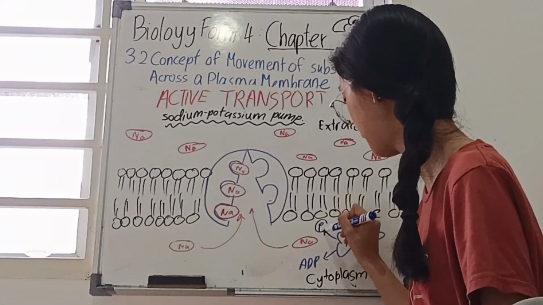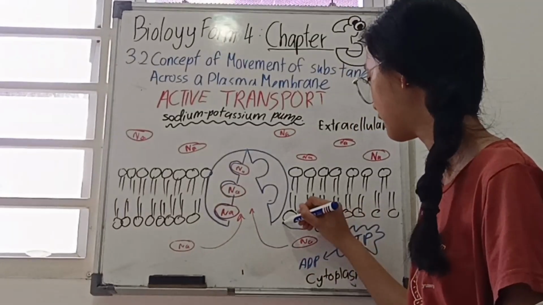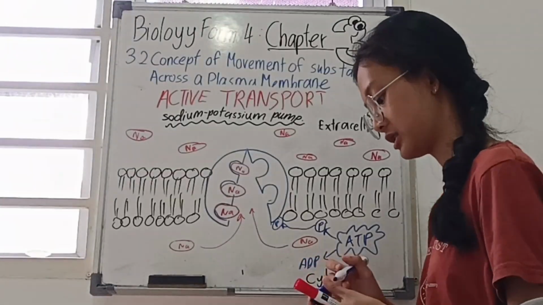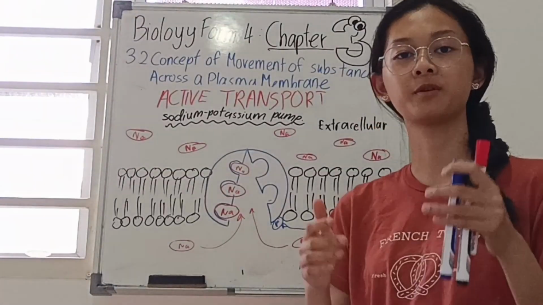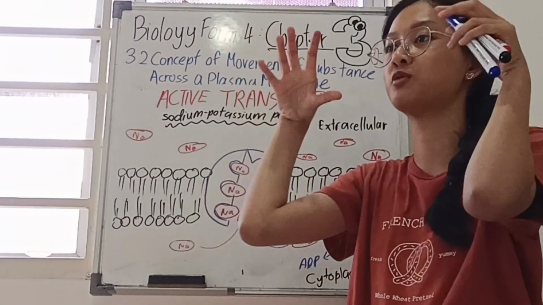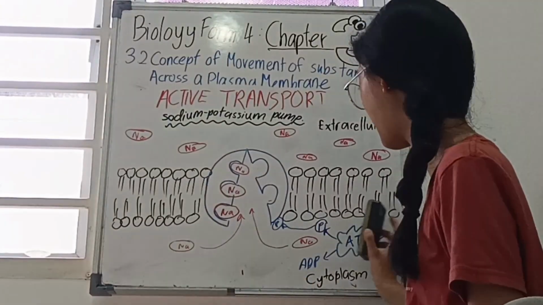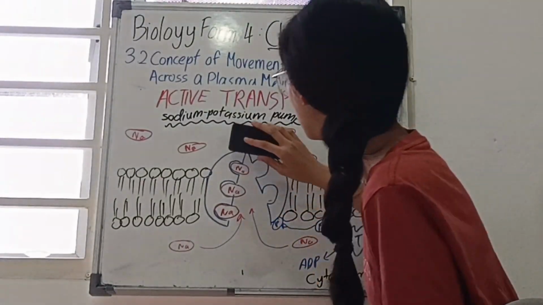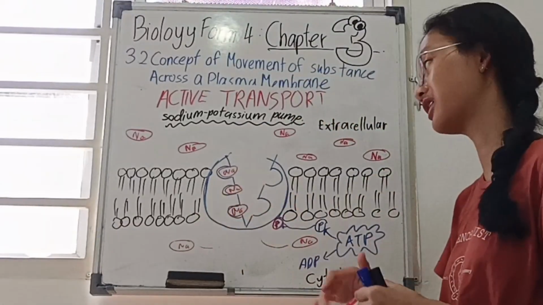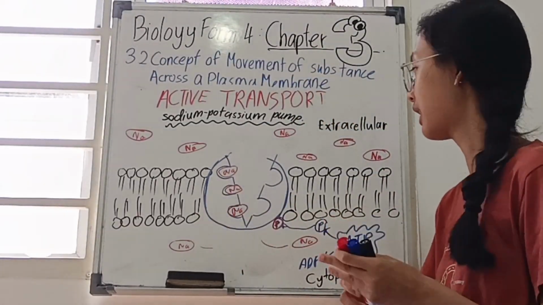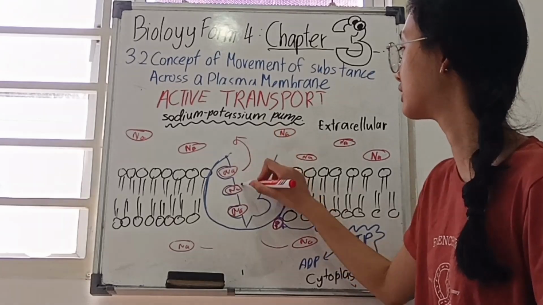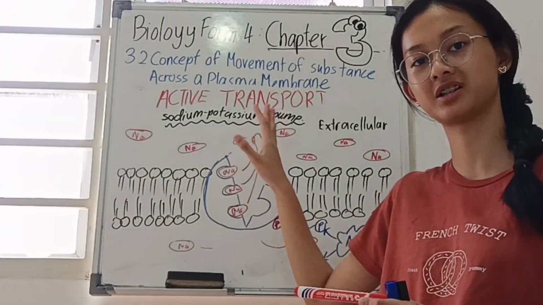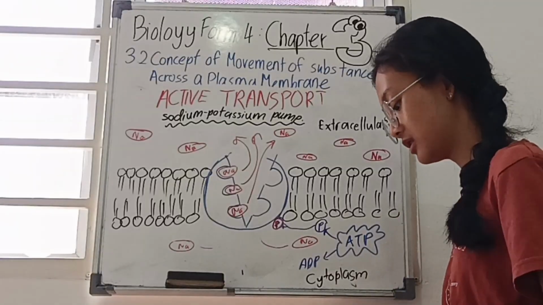This P will go to the protein and give the protein some energy. So the protein will shake and move. The protein will open to the outside, and then the sodium will go out to the place where there is a high concentration of sodium.